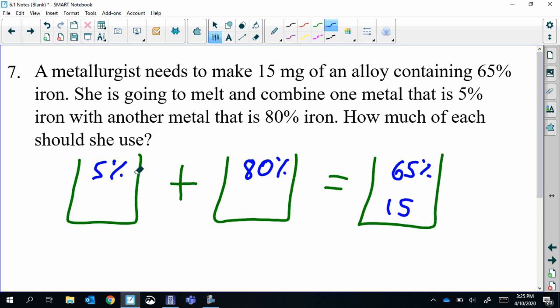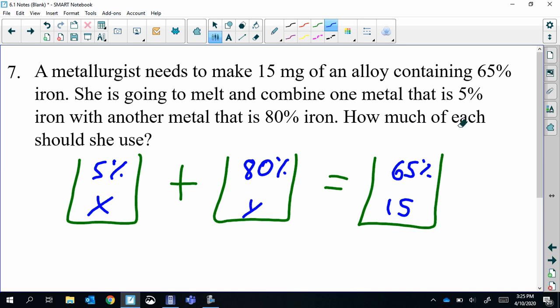Or we can do a mixture and get anywhere in between, but it cannot get less than 5 or more than 80, which we're not, so that's good. Also, our final answer is closer to the 80, which means we'll use more of this 80% mix. So that's just a quick check, making sure your answer makes sense.